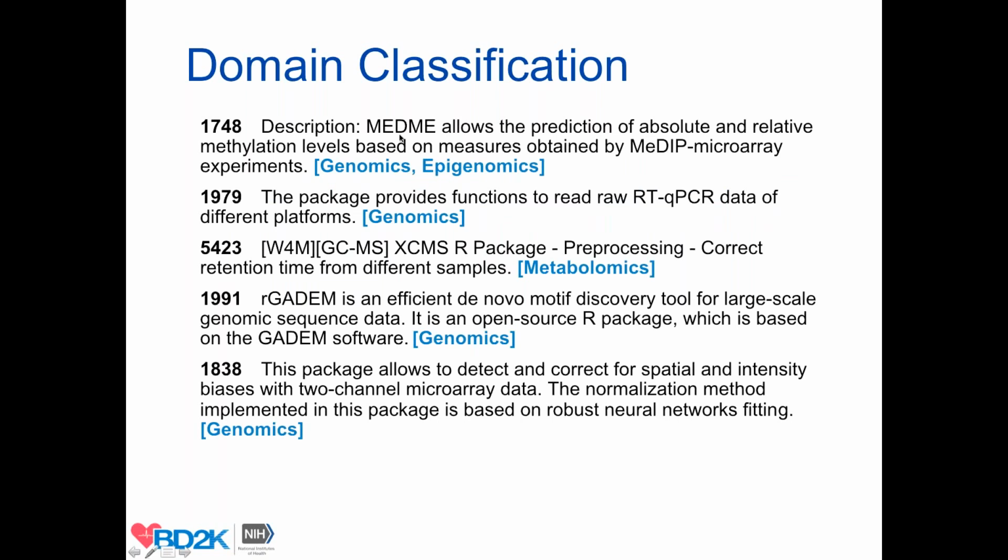The first one is MedME, and there are some raw RT-PCR data and some other tools. We can notice that the majority of the domains recommended by the system are genomics. There are 4 of them that contain this domain. So it is more probable that we would predict the domain as genomics in the end.